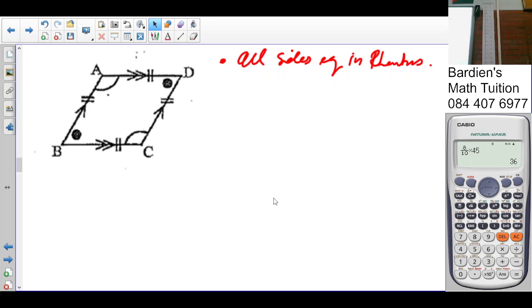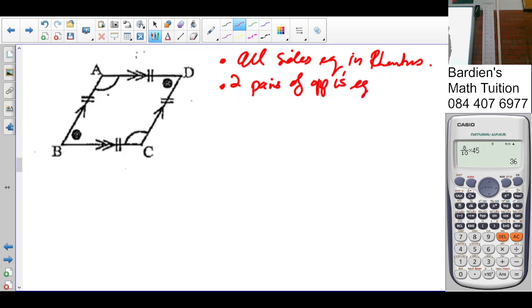Secondly, two pairs, not all, of opposite angles. There's only two pairs. Two pairs of opposite angles equal in a rhombus. What else can we say?